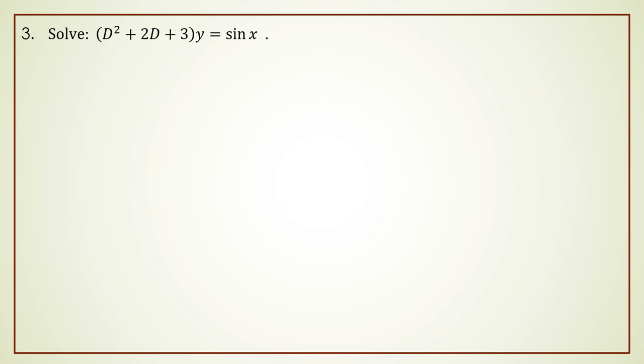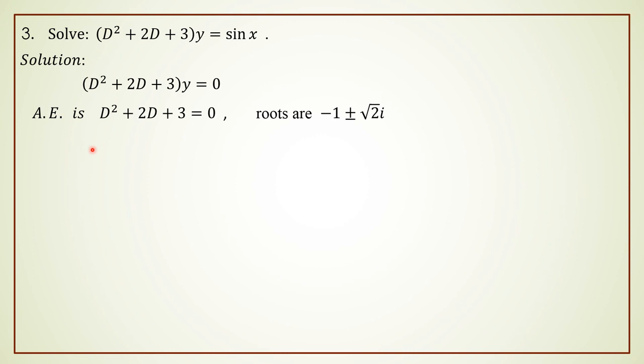Now let us find the complete solution of the differential equation D square plus 2D plus 3 of y is equal to sin x. Write the corresponding homogeneous differential equation and its auxiliary equation. The auxiliary equation is D square plus 2D plus 3 is equal to 0. Since it is a quadratic equation, you can get the roots using a calculator, and the roots are minus 1 plus or minus root 2 i.